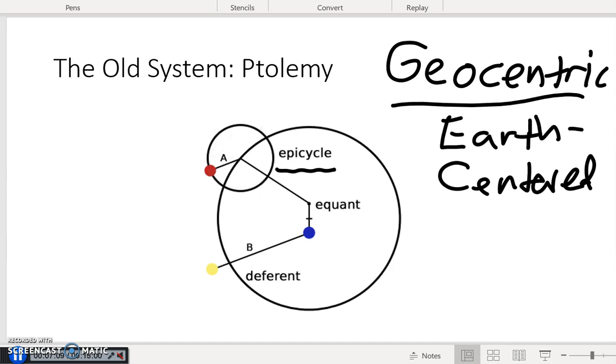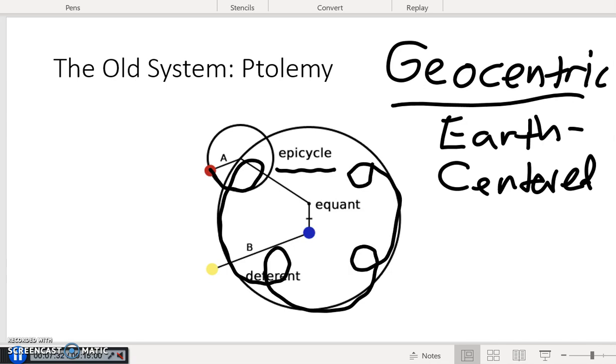So what happens is this planet is orbiting along the epicycle, while the epicycle is orbiting along the deferent. And what this produces is a fairly complex system of motion.